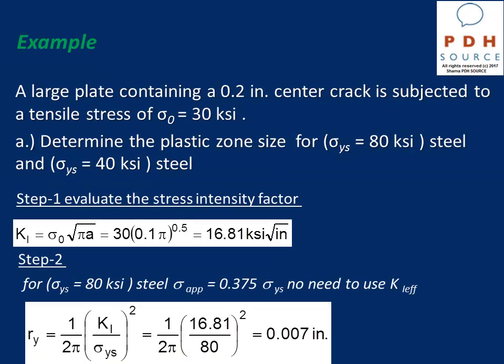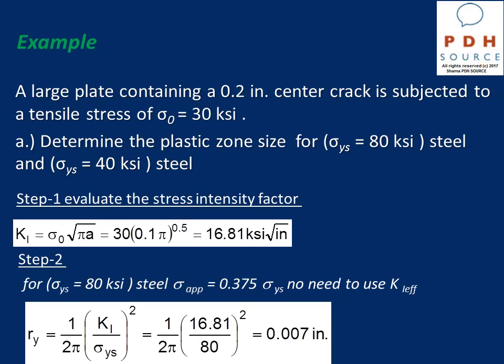Let me go through an example to explain this further. So we have a larger plate containing a 0.2-inch center crack. This plate is subjected to a tensile stress of sigma equals 30 ksi. We would like to determine the plastic zone size for two types of steel, 80 ksi steel and 40 ksi steel.